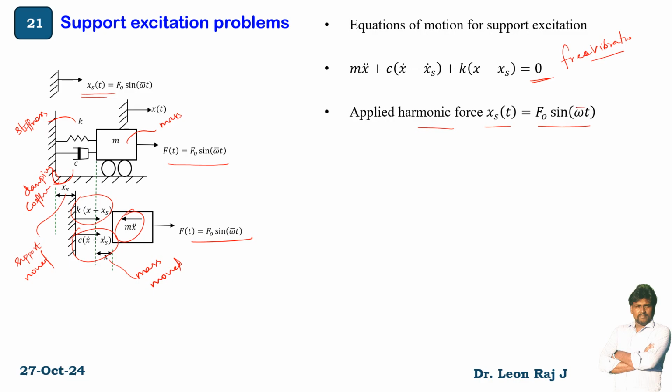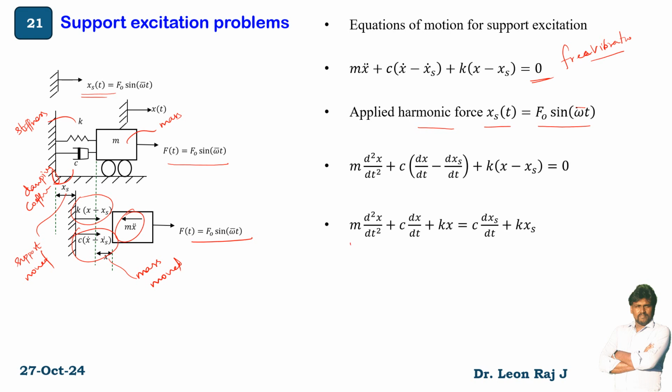So here the omega bar is not clearly written here. So your response is like m into d square x by dt square plus c into (dx by dt minus dxs by dt) plus k into (x minus xs) equal to 0.